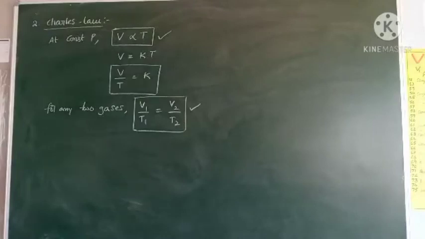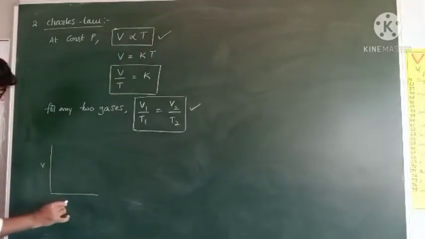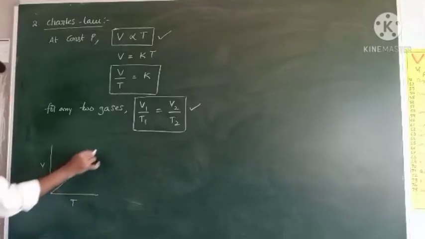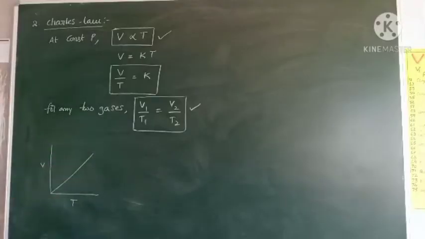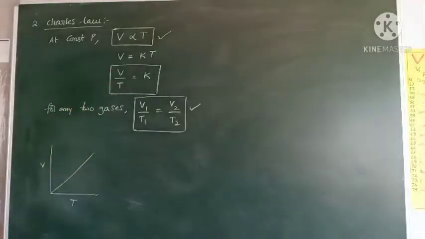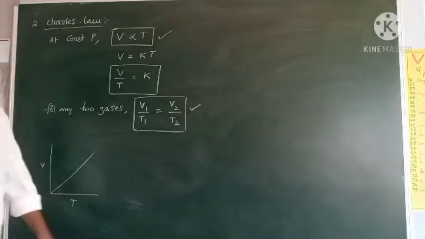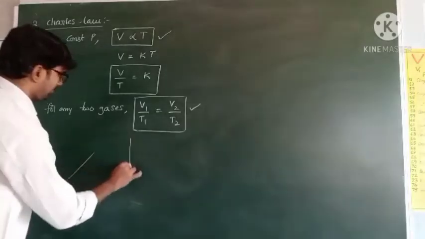Now graphs for this one. Volume and temperature. These two are directly proportional. This is the graph, volume and temperature. Now V by T is equal to constant, so we expected the graph.